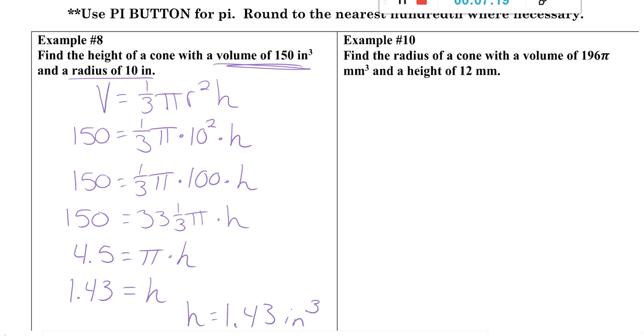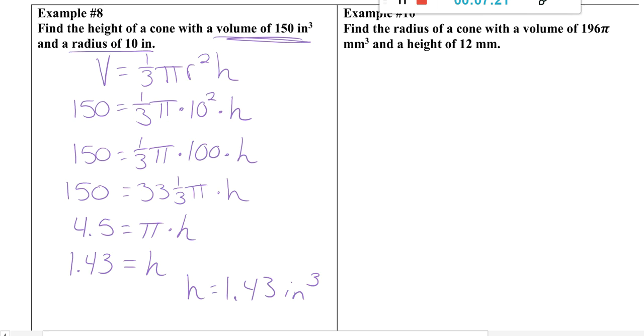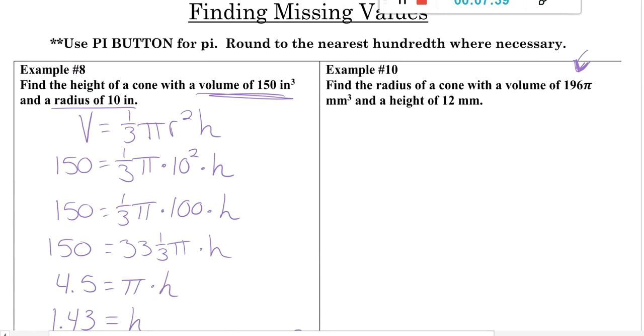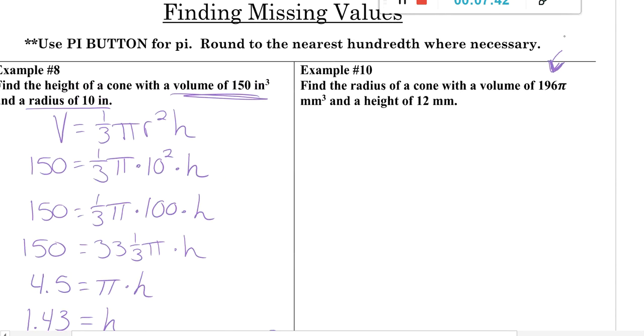Looking at example 10, my numbering is off. Okay, so find the radius of a cone with a volume of 196 pi millimeters cubed and a height of 12 millimeters. And remember that leaving the pi attached to the value, it's going to be the exact answer since we're not needing to estimate, but we would refer to this as being left in terms of pi.